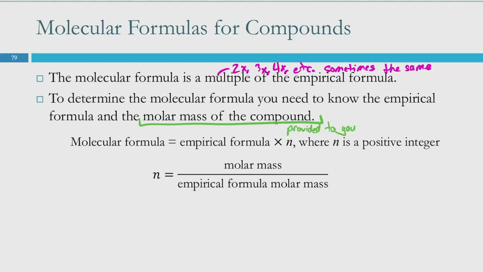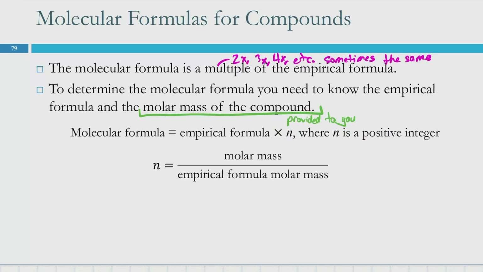The way that we figure out the molecular formula is that we take the empirical formula and we multiply it by some integer, 1, 2, 3, 4, 5, 6, 7, 8, etc., counting numbers, positive integer. And that number we find by taking the molar mass and dividing it by the empirical formula molar mass.